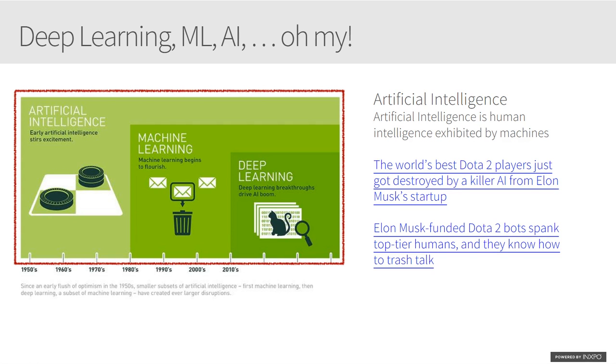Basically, artificial intelligence, this is one of the definitions: artificial intelligence is human intelligence exhibited by machines. And there's two actually very good examples of this, where the world's best Dota 2 players, this is a pretty cool multiplayer game, are taken down by an AI, okay?